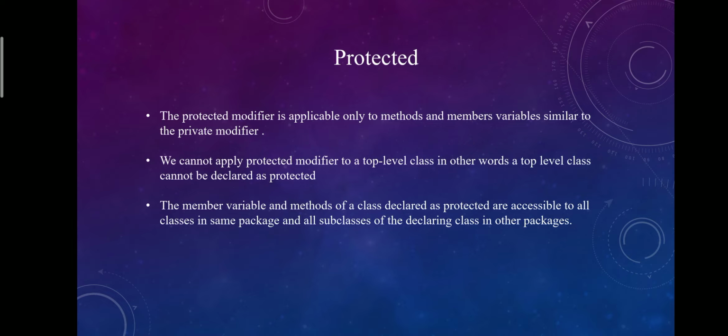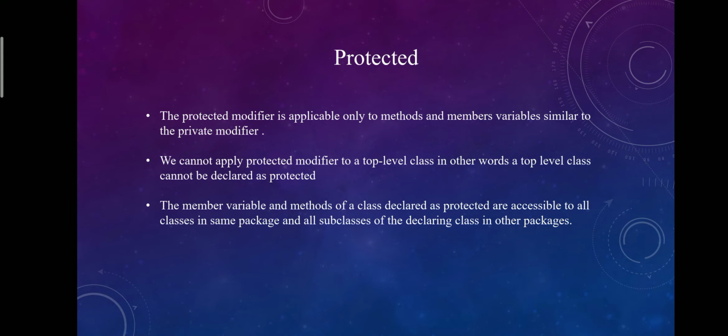Now protected. Protected means it's a highly restricted area. It will be completely protected. The protected modifier restricts accessibility for methods and member variables, similar to the private modifier. The user cannot apply the protected modifier to a top level class. In other words, a top level class cannot be declared as protected.